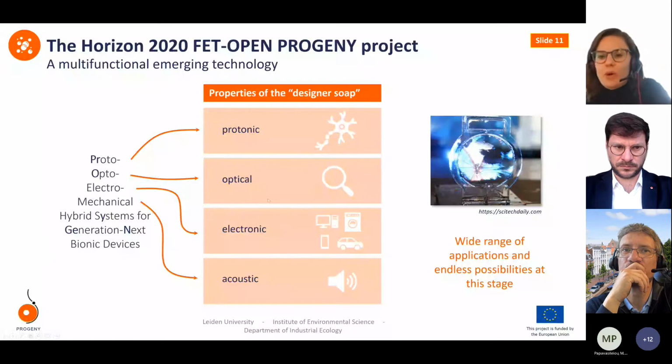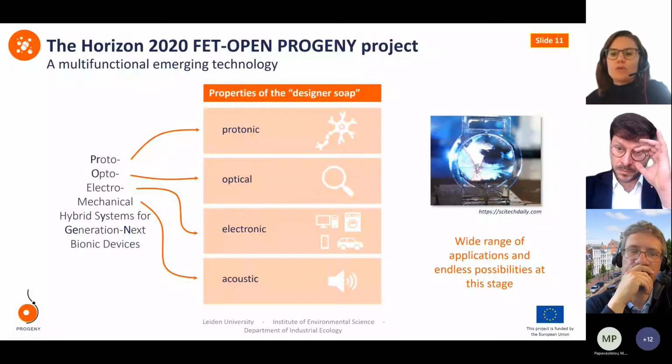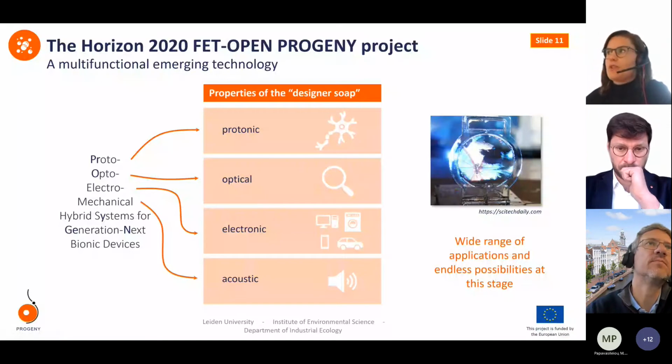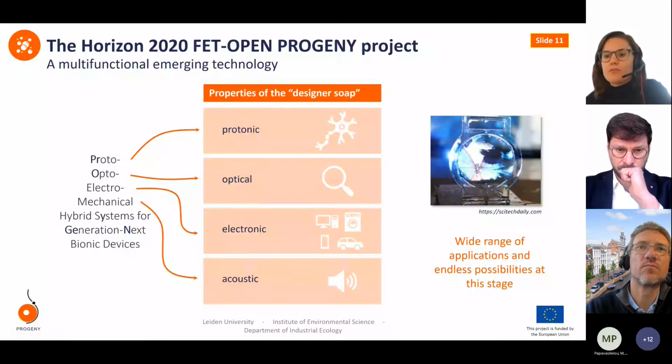It is one of these disruptive technologies which will be developed in this project, because this soap, which is designed within this project, the designer soap or poems, as they are called, has different kinds of properties. They have protonic properties. They could be used for prosthetics, interacting with prosthetics.